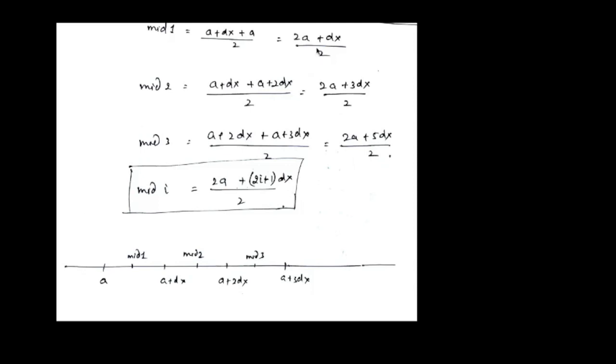If you extrapolate, the next midpoint will be 2a plus 7 dx by 2, 2a plus 9 dx by 2, and so on and so forth. So I can now write a very general formula: the midpoint in the ith interval, mid i, can be written as, you can see 2a and 2 are common, and I can write index 2i plus 1 here.